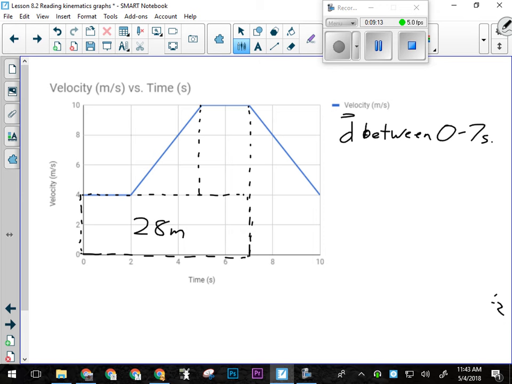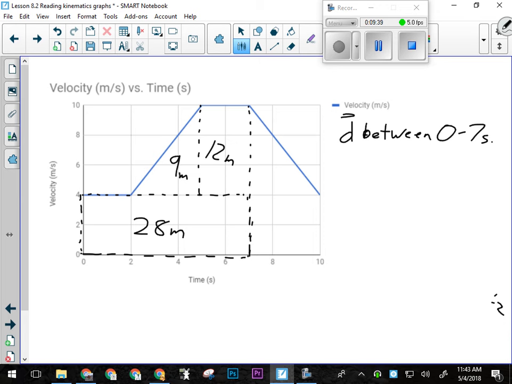This triangle here has a base of 3 seconds, and it has a height of 6 meters per second. So 3 times 6 is 18, divided by 2 is 9 meters. And then we have this rectangle here that has a base of 2 seconds and a height of 6 meters per second. So that'll be 12 meters.